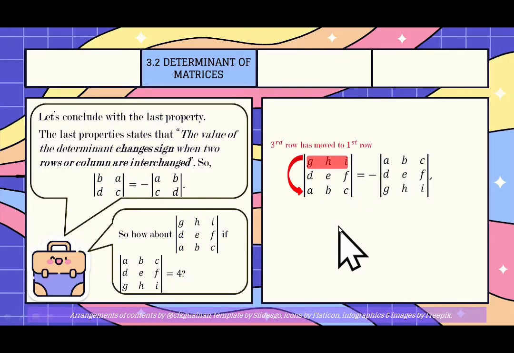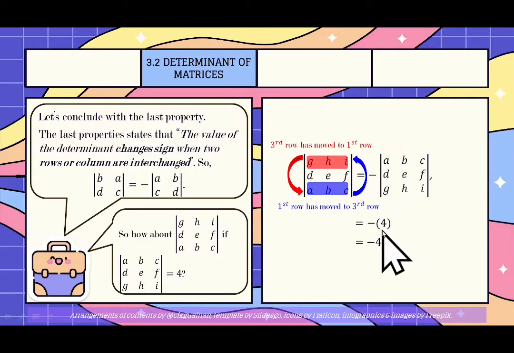So the third row has moved to the first row and the first row has moved to the third row. So, we can switch them back and put a negative in front of the determinant. Now we can substitute the value of the determinant A, B, C, D, E, F, G, H, I by 4, the one that has been provided from the question. Then we multiply it by negative, therefore we get minus 4 as the answer.